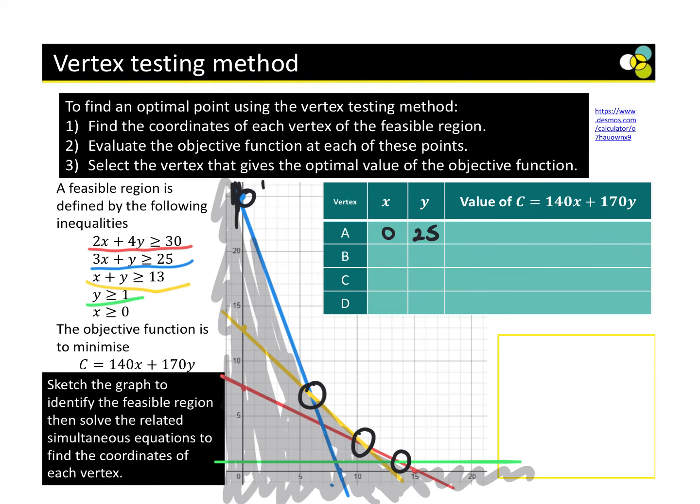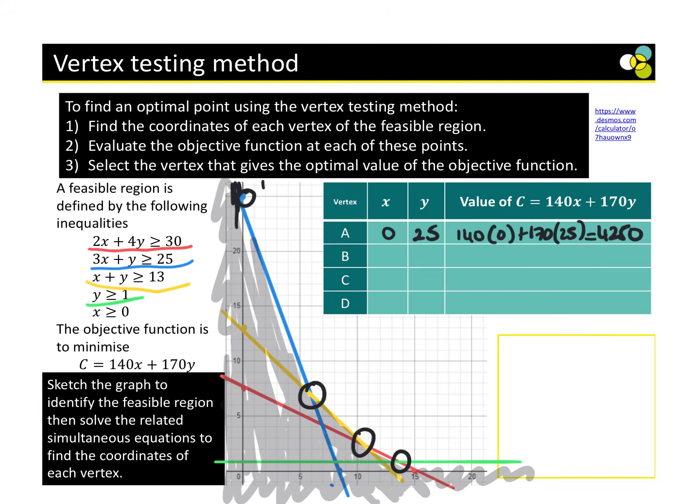So I write down the vertices, I create my own table, I write down the coordinates, and then I substitute them in the optimization function. Whether it's minimize or maximize, it really doesn't matter. So I'm going to do 140 times 0 plus 170 times 25. I'm going to get 4,250. Okay? That's how I get this one.